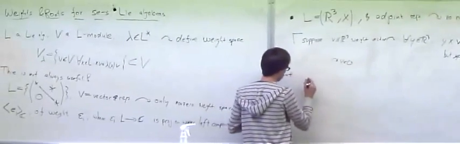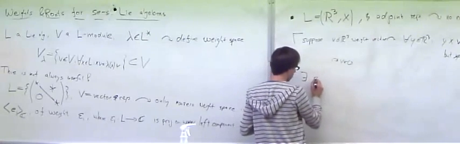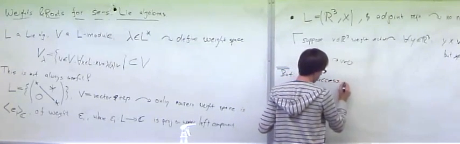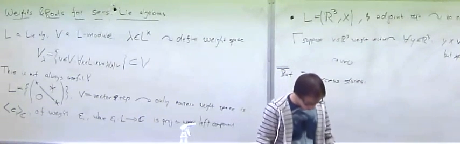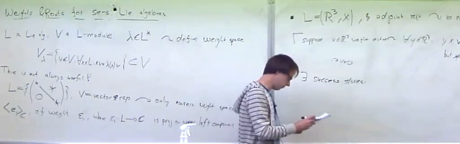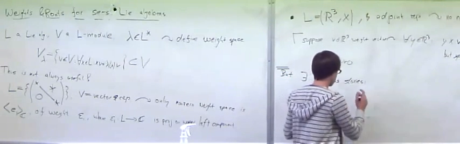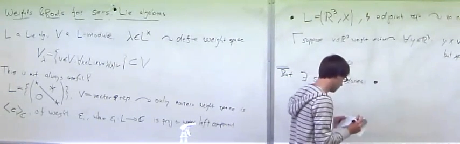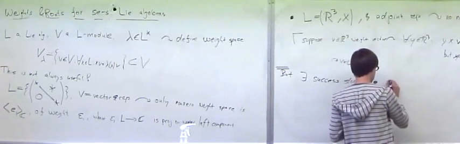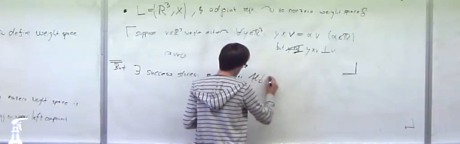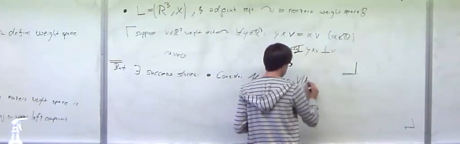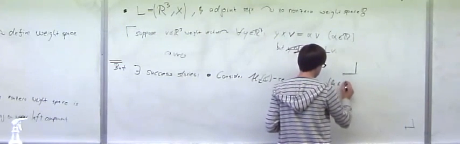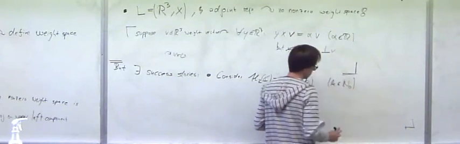But there are also success stories. Most notably, several ones. So let's consider the SL2 representation Vk for k any non-negative integer.